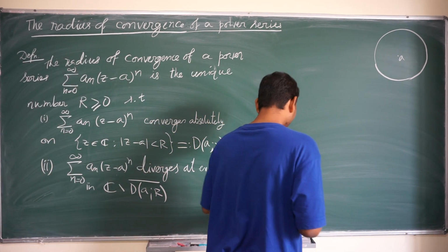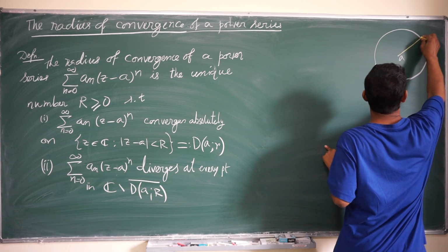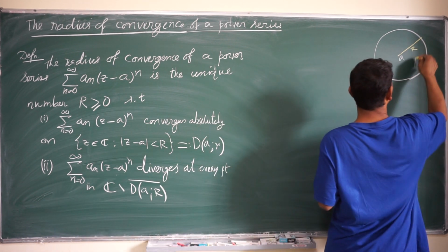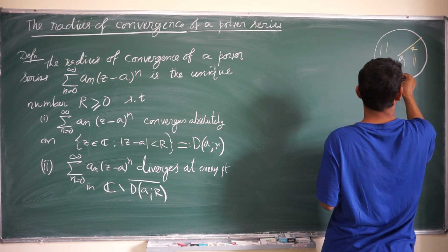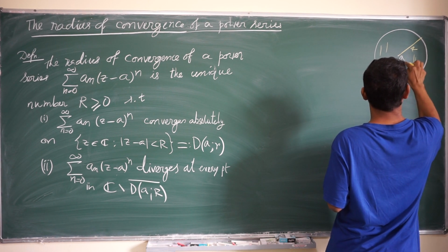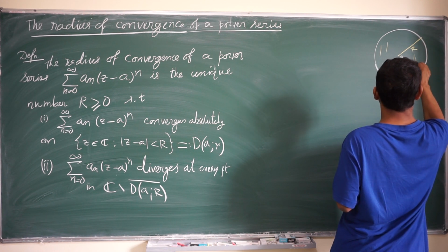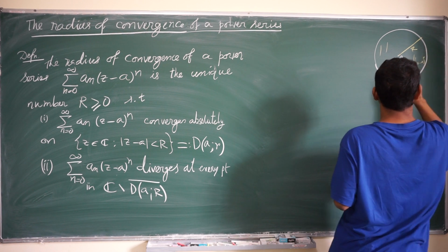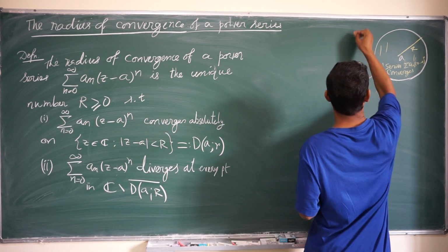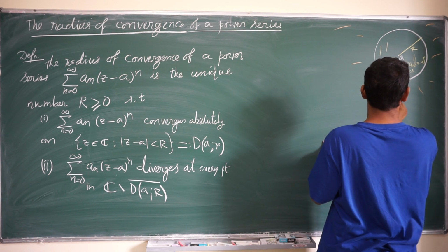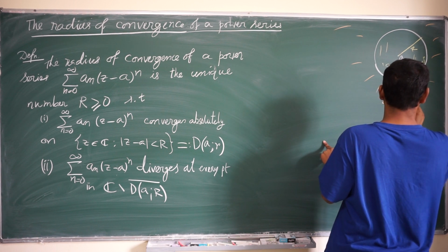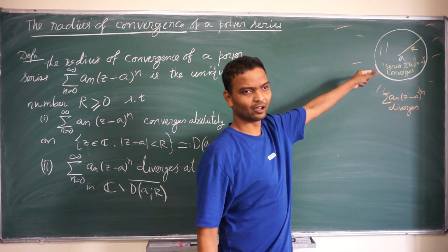So you have a number, positive, non-negative number, it can be 0, r, such that inside the disk this series converges, and outside here, all other points in the outside, the series diverges, and nothing about the boundary.